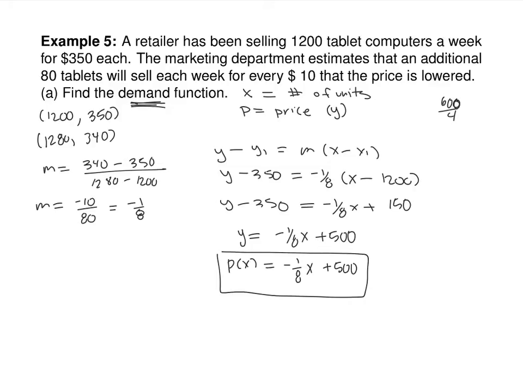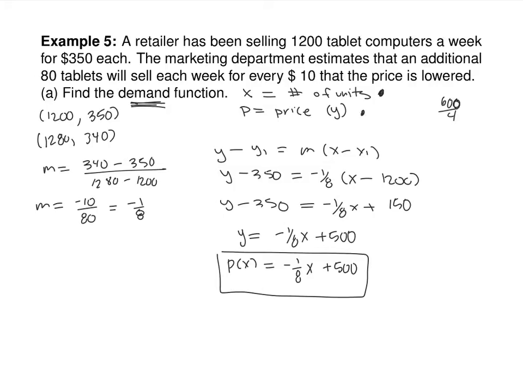So what did that really tell us? It tells you that if you say want to sell 100 tablets, what should your price be? Does that make sense? It tells you the cost of one tablet. Think about what the y and the x were. X was the number of units you're selling, right?